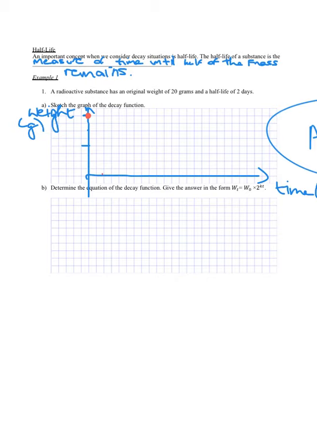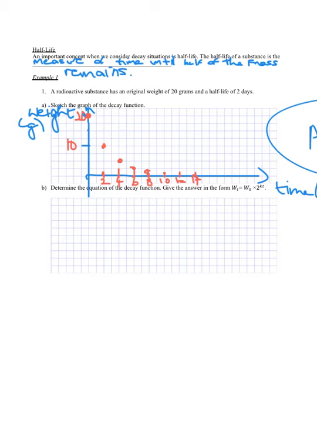So I put my scale out here in terms of 2. The initial is at 20 there. This is going to be 10 there after 2 days. Then after another 2 days, we're going to halve again, so we're going to be at 5. Another 2 days, we halve again, so we're at 2.5, and then another 2 days, etc. As you can see, we're going to get asymptotic to the x-axis, which is what we want.